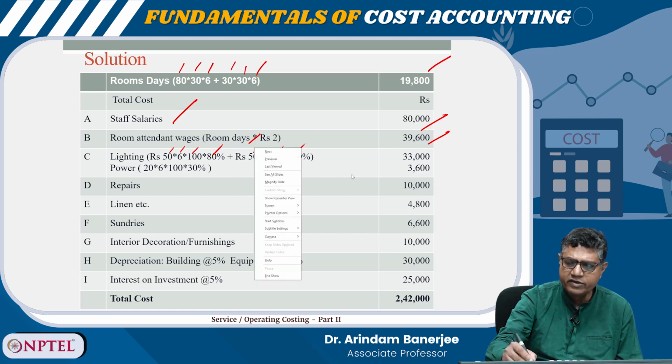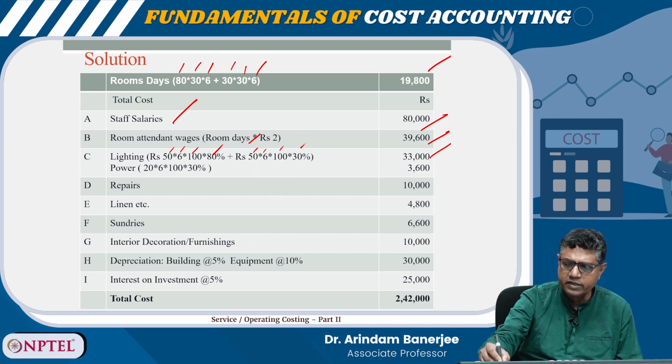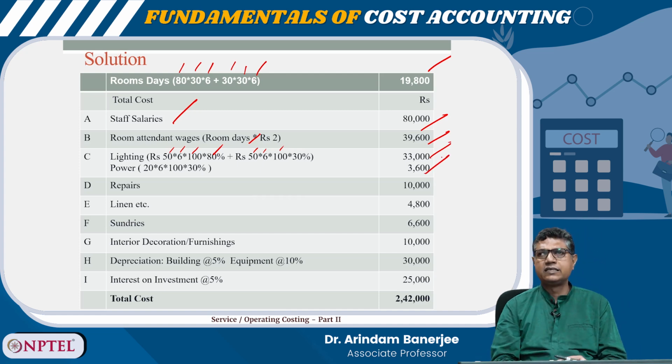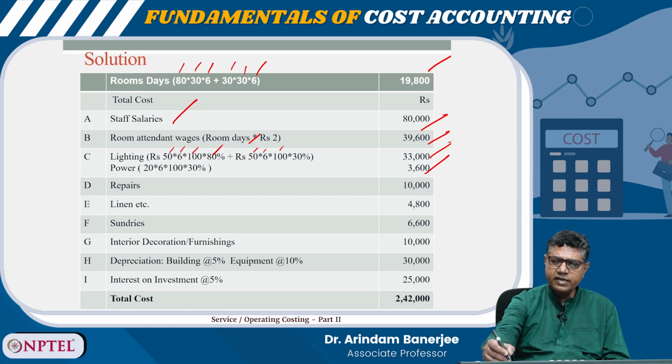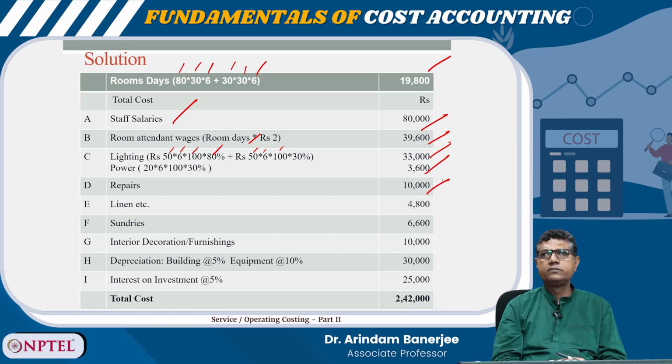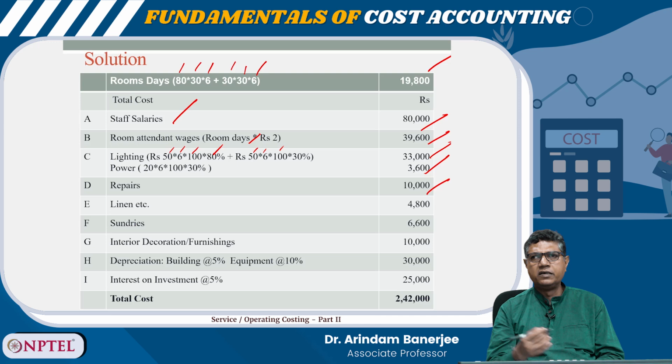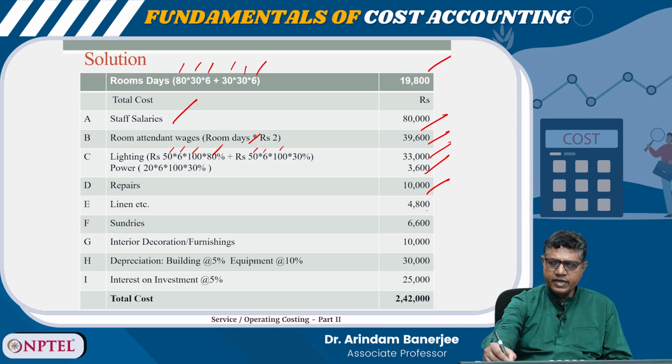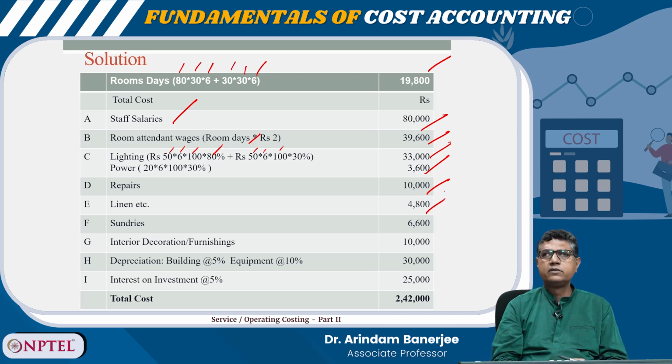If I solve it, it comes to 33,000 and 33,600. Then repairs are there of 10,000. Linen, etc., the bed cover and all, it is 4,800. Sundries, small expenses, 6,600. Interior decoration and furnishings, 10,000.